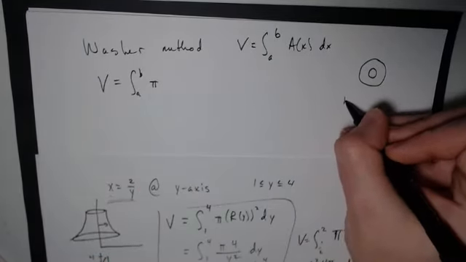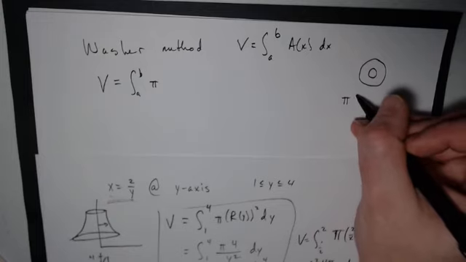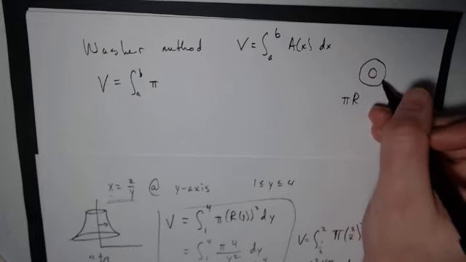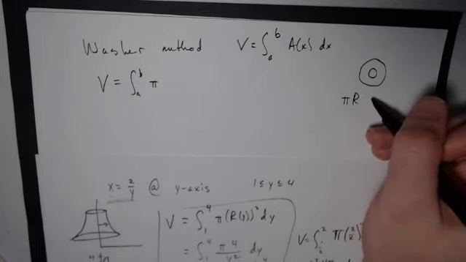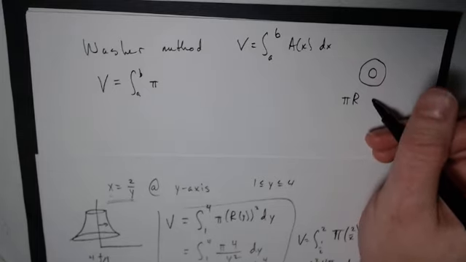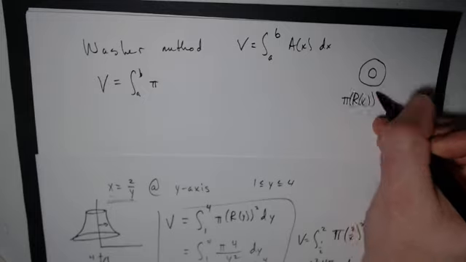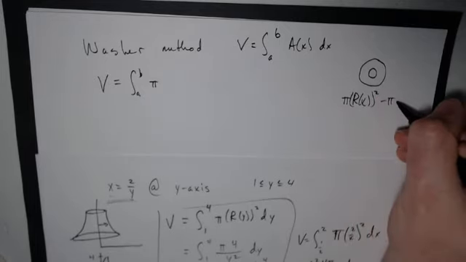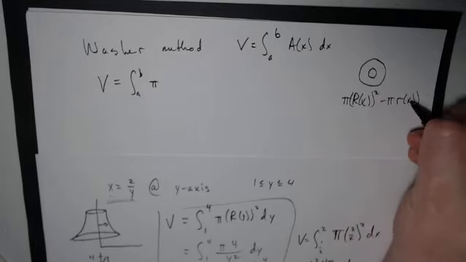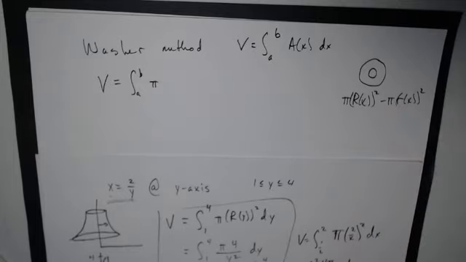cross-sectional area here is pi times the outer radius squared. Let me do what the book does. They're going to use cap R for this. Cap R of x squared minus pi times little r of x squared for the inner or smaller radius.